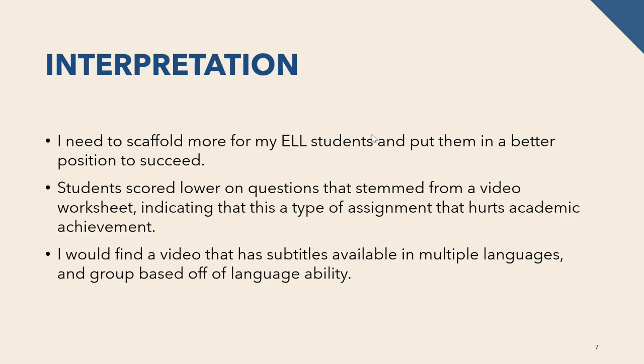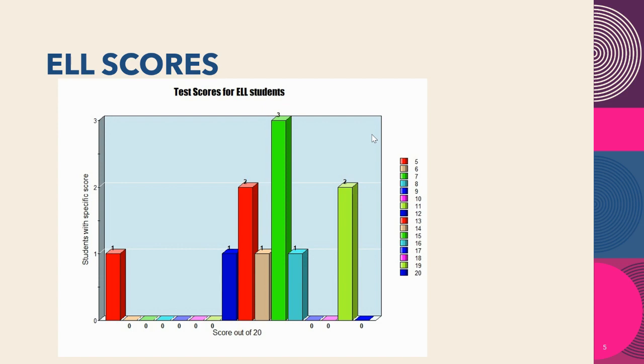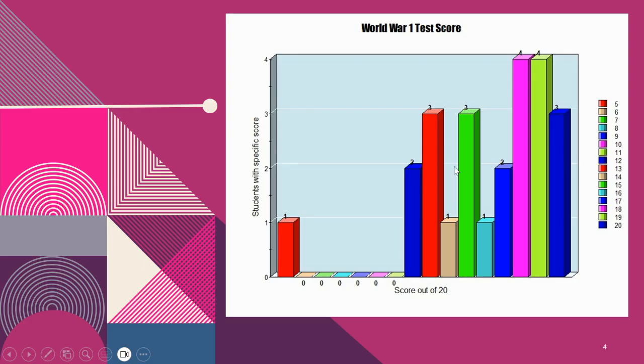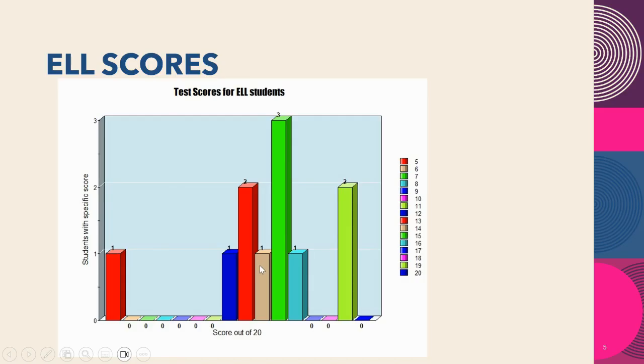The range for that is 5 to 19. So my low score of 5 is included in that data. And the mode, which before was 18 and 19, is now down to 15, right? Which happened 3 times. So we actually go back to that data and look at it, right? So this was overall, and then this was English language learners.